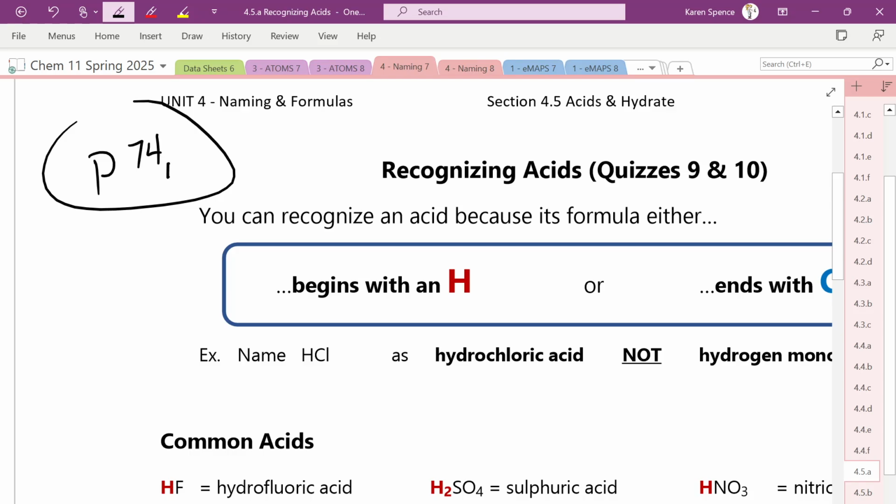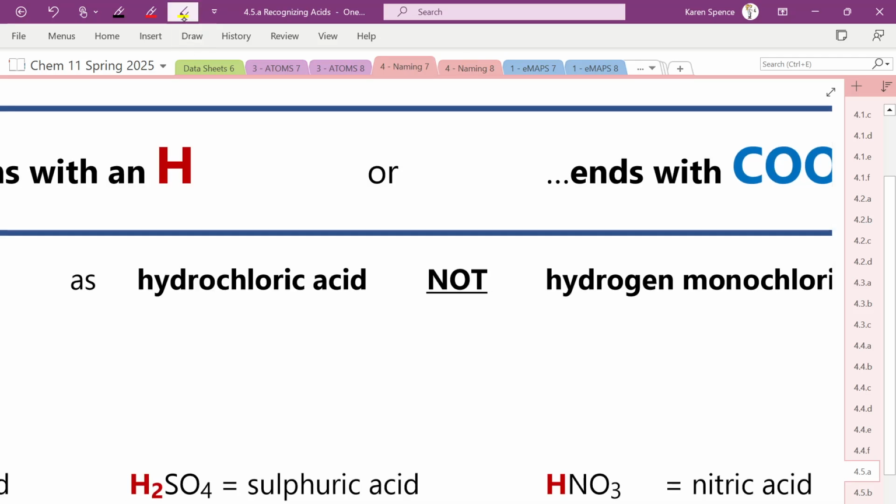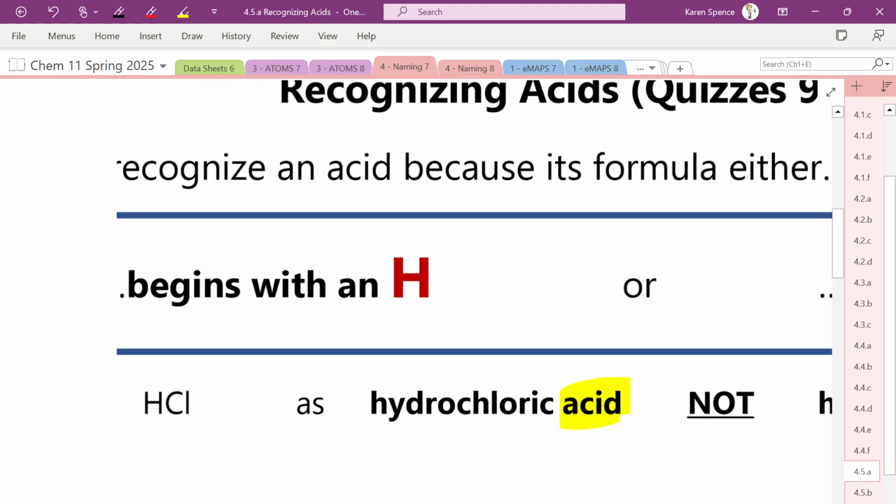And the first thing that you need to learn about acids is what is an acid. You can recognize it from its name because it will say acid. So it's not a problem recognizing an acid from the name because it will literally just say acid. Recognizing it from the formula is a little teeny bit more tricky.